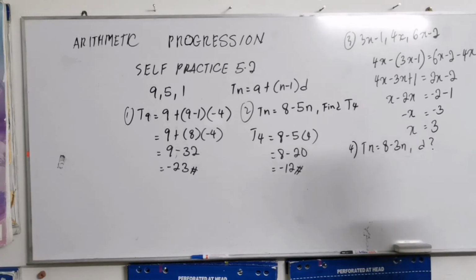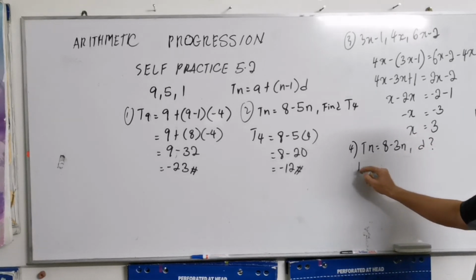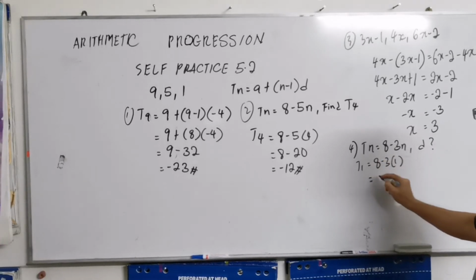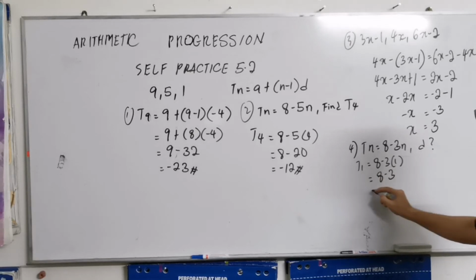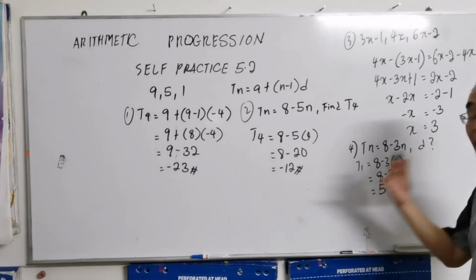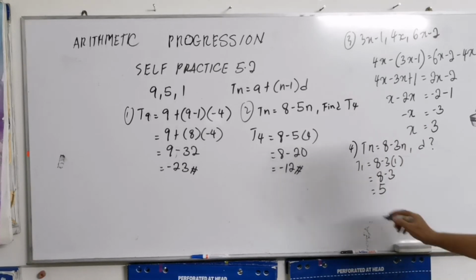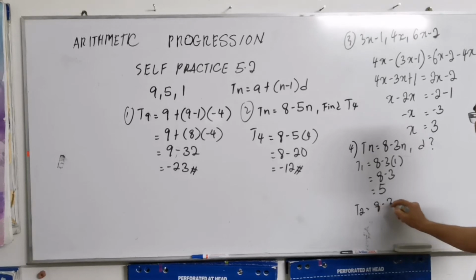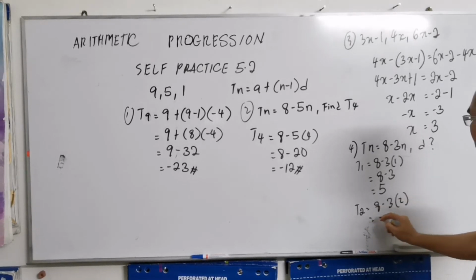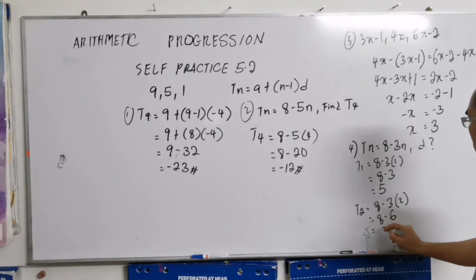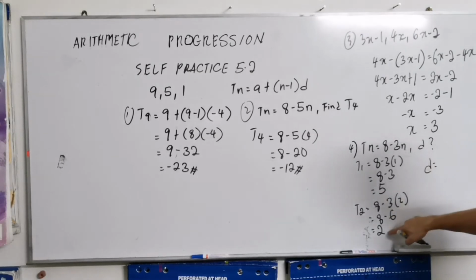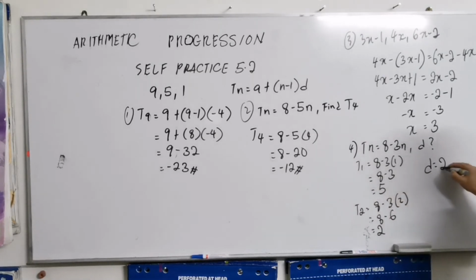First you replace n as 1. So T1 equals 8 minus 3 times 1, which is 8 minus 3. You get 5, the first term. And then you replace n with 2. 8 minus 3 times 2 will be 8 minus 6, which equals 2. So D is T2 minus T1, 2 minus 5, which is negative 3.